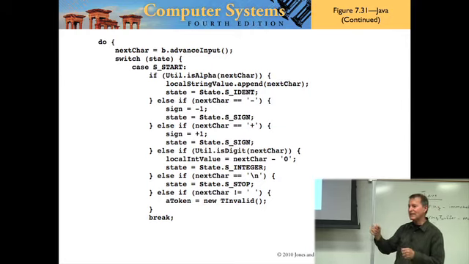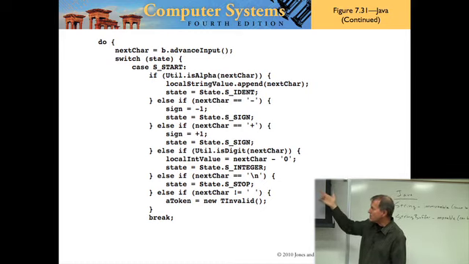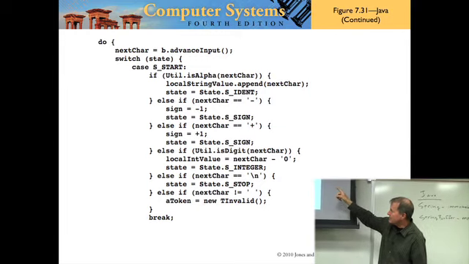We're not saying it gets this concatenated. Does everybody see that that's a mutable operation? We're doing it because it's a buffer. And if that's true, we append nextChar, and then state gets what? S.S_ident. So the next state will be the ident state, if you go back and look at the finite state machine.